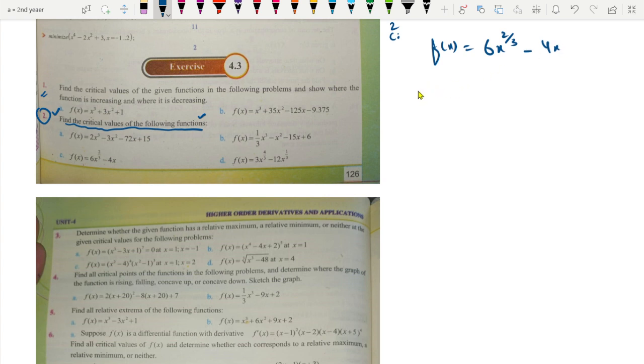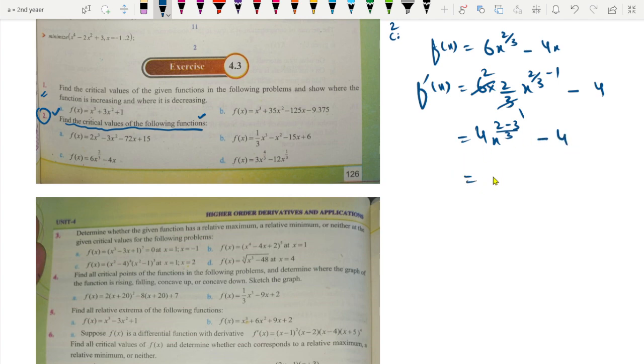So by taking the derivative of this one, f prime of x is equal to 6 into 2 divided by 3 x^(2/3 minus 1) minus 4. Taking LCM, 2 minus 3, and this will become 4x^(-1/3) minus 4.